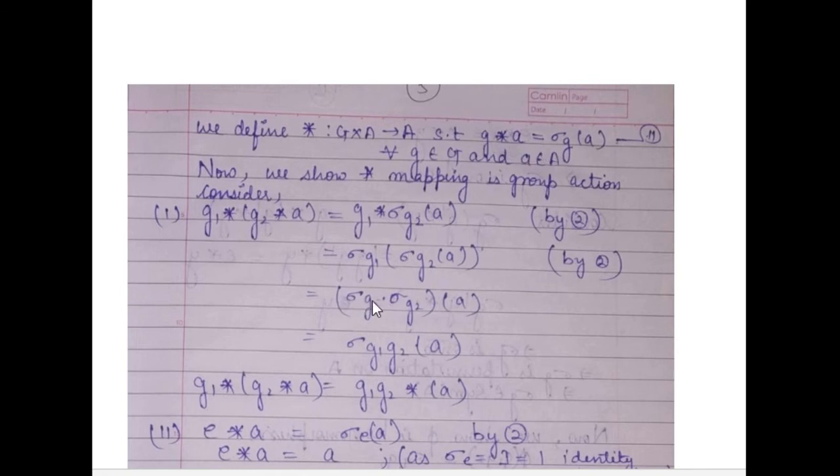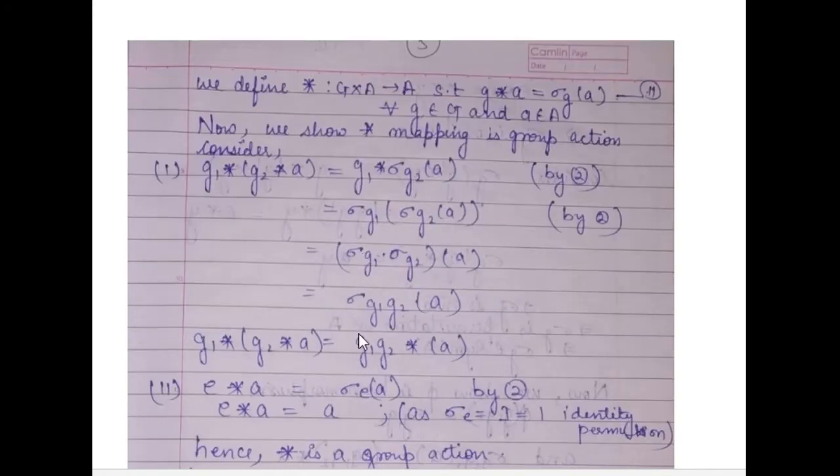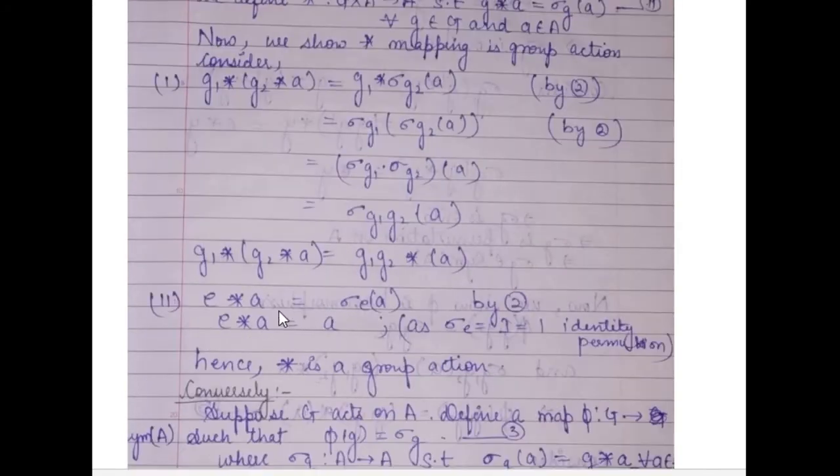So this will be equal to (sigma g1 into sigma g2)(a), and this is the property of permutation, that sigma g1 into sigma g2 will be equal to sigma g1g2, applied to a, and this will be equal to (g1 g2) star a. The first property is already proved. Now we have to see the second, e star a, and this e star a will be sigma e(a), and this is equal to a, as sigma e is equal to the identity.